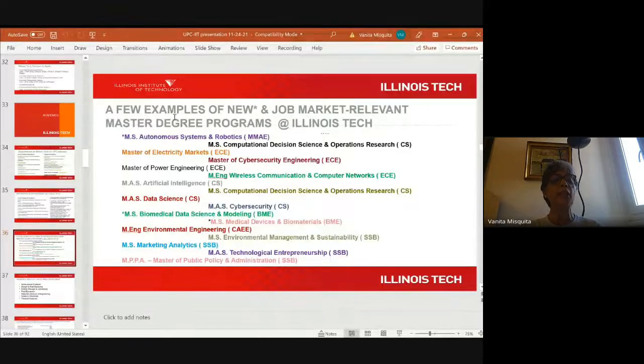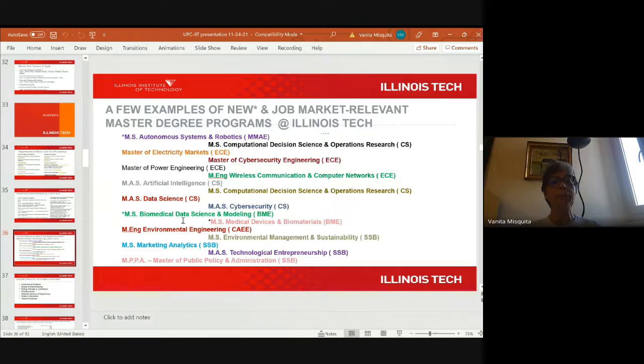Again, here I've provided a slide that lists a few examples. I highlight these are a few examples of some new and job market relevant master degree programs. The new master degree programs on offer, as I'd mentioned earlier, is the one in autonomous systems and robotics offered by the Department of Mechanical, Materials, and Aerospace Engineering. The two other new master degree programs are offered by the Biomedical Engineering Department.